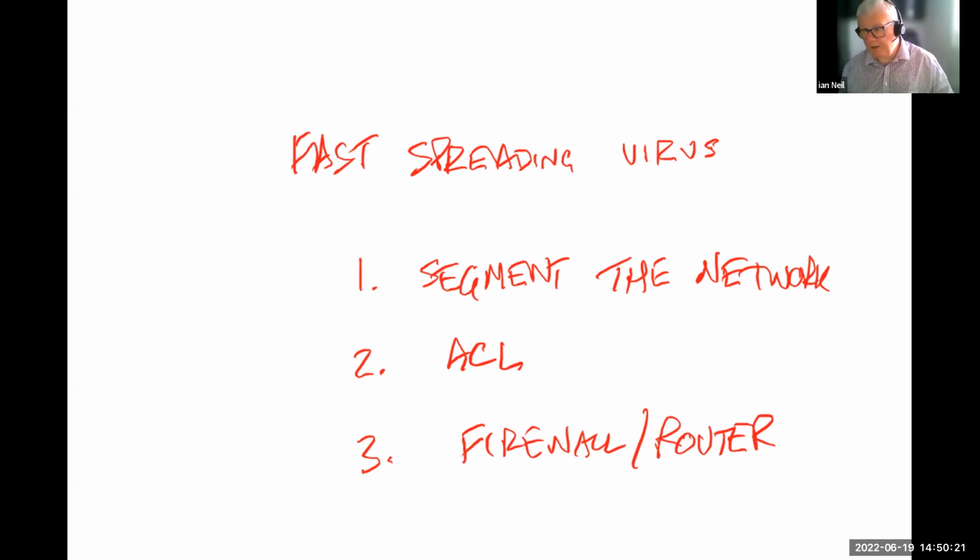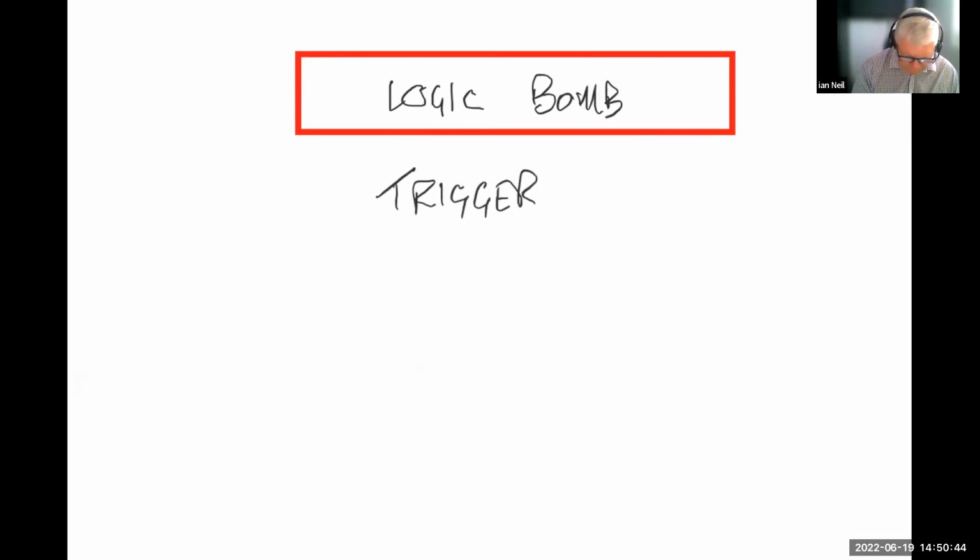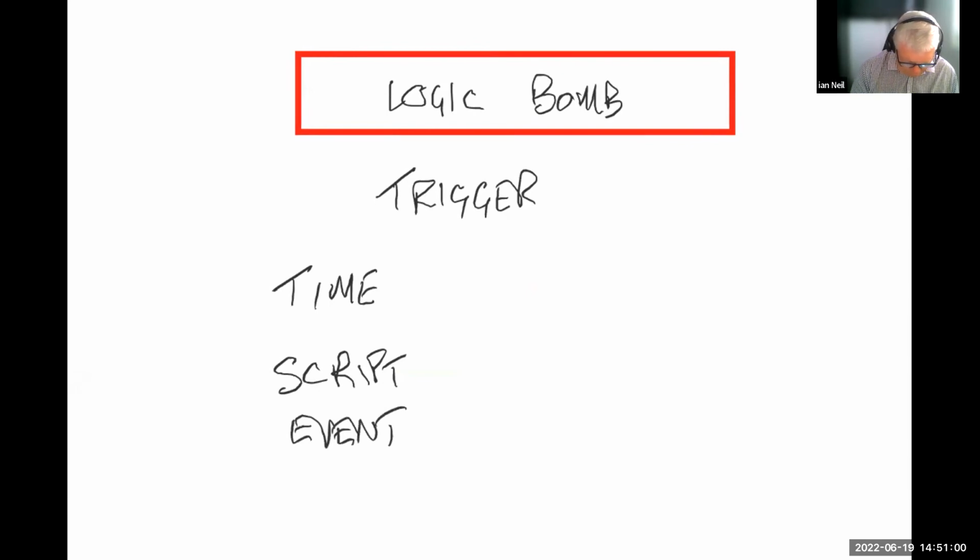Now let's go on to another one. Is everybody okay? Let's look at another one, a logic bomb. Now, a logic bomb, he needs a trigger. The trigger could be time, it could be script, it could be an event, or it could be a batch file.